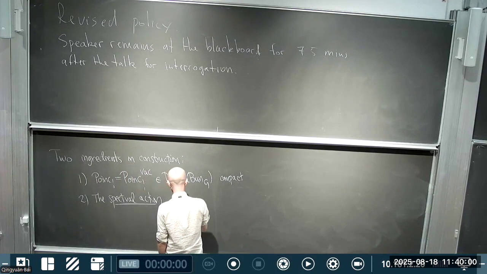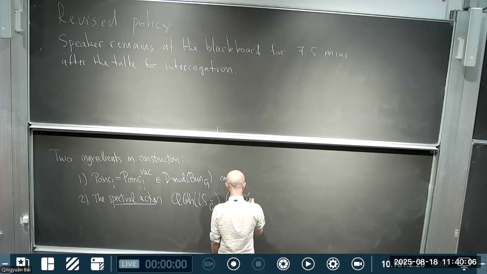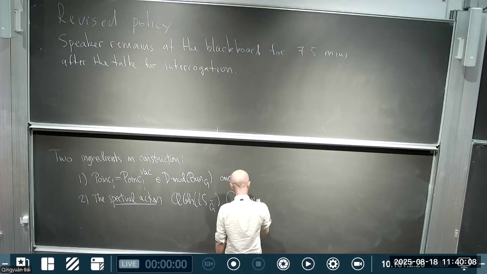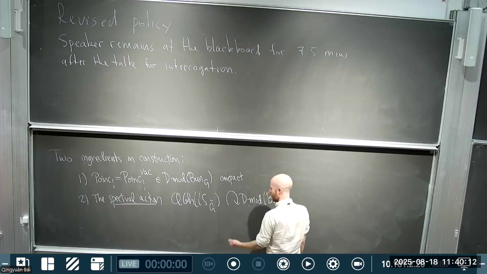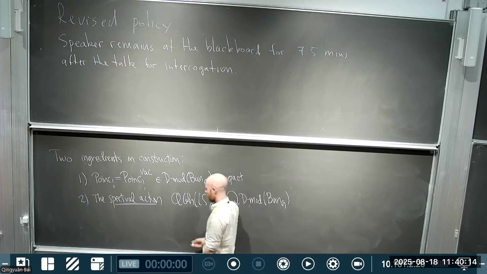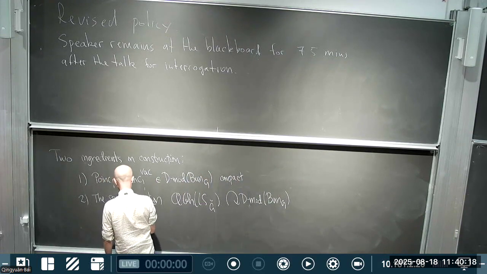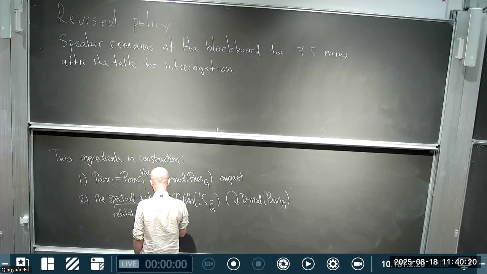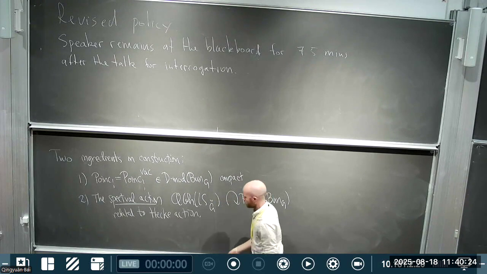Which is a canonical action of the category of quasi-coherent sheaves on the space of local systems for G check on the category of D modules on G. And let me just briefly say that this is related to the Hecke action, as we'll see later in the talk.